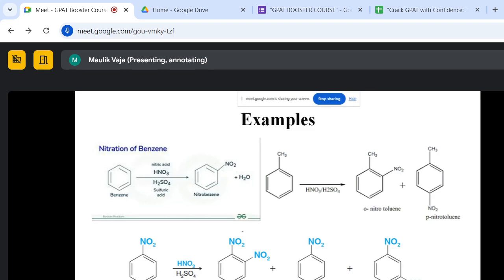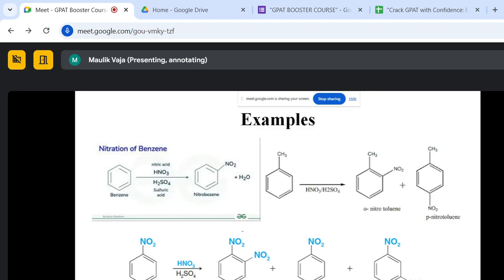What is the reason behind this? Here some groups are electron donating groups while some groups are electron withdrawing groups.